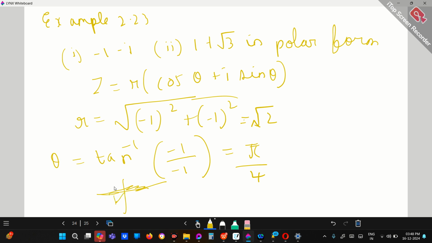Pi minus pi by 4 is equal to 3 pi by 4, right? So minus 1 minus i is equal to root 2 into cos of 3 pi by 4 plus i sin of 3 pi by 4.